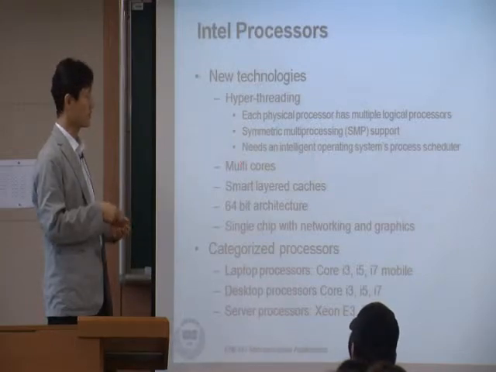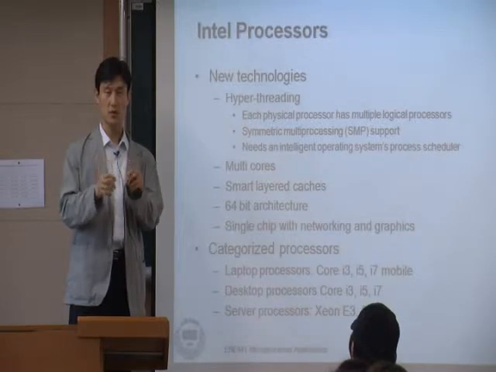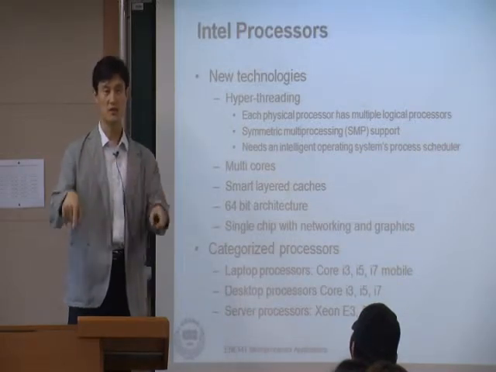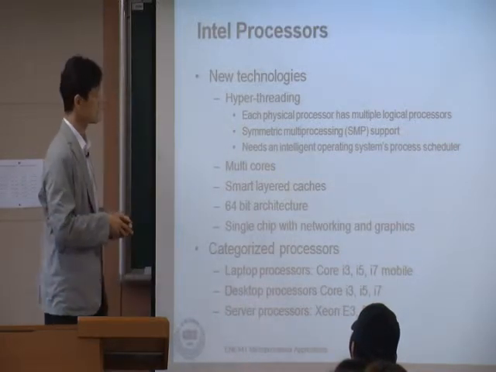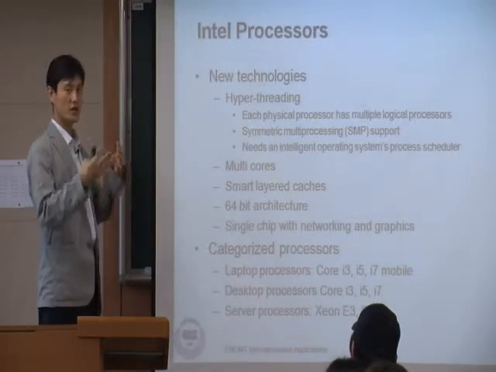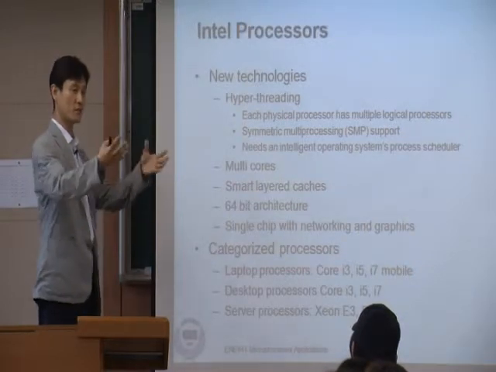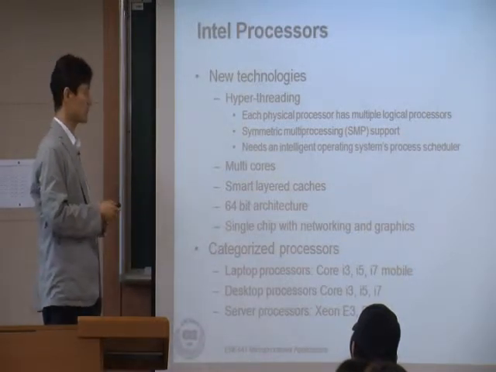In multi-core, you have multiple CPU cores in one physical CPU. Depending on the processor, sometimes the cores share the same memory, or sometimes each core has a different memory.